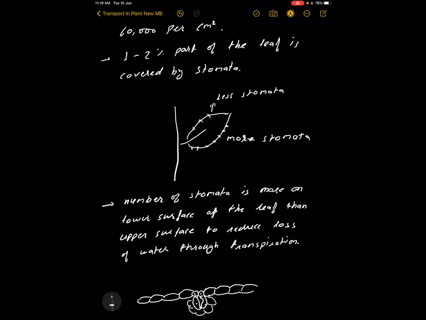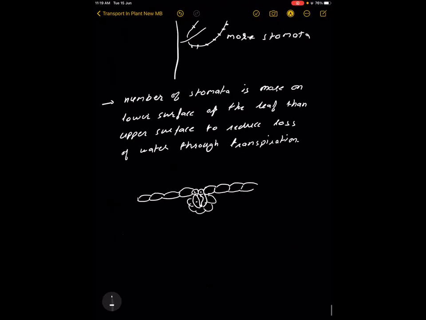They are deeply inserted, and these xerophytic stomata are called sunken stomata. I just want to let you know the term sunken stomata. Sunken stomata means deeply inserted. So the water loss is reduced in xerophytic plants.